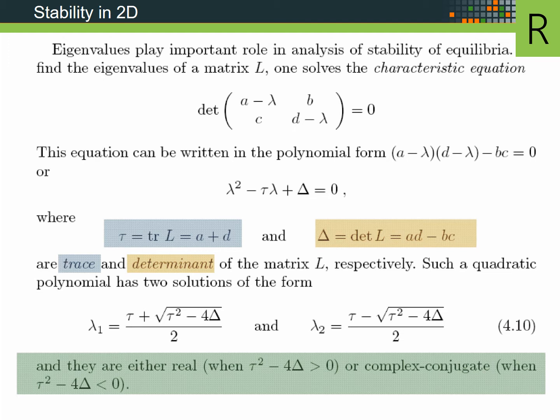To get the eigenvalues, we can actually solve the characteristic equation, which is the determinant of the Jacobian minus the identity matrix multiplied with minus lambda, which gives us the characteristic form, which looks like this, the characteristic polynomial.